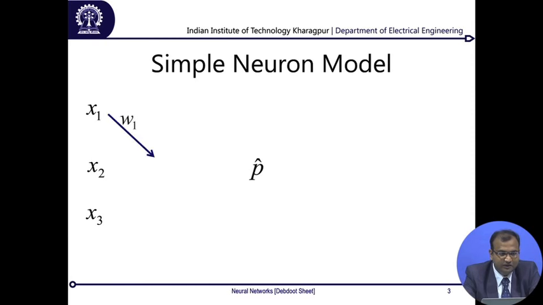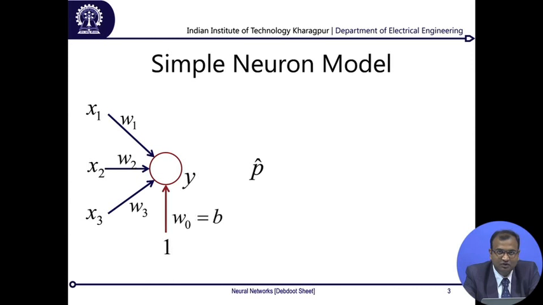Now let's have a very simple model which says that we multiply each of these observation points with a certain weight. So x1 is multiplied by a weight w1, x2 by a weight w2, and x3 by a weight w3. Additionally we take another weight called w0, or the bias, which you can also define as unity multiplied by a weight w0.